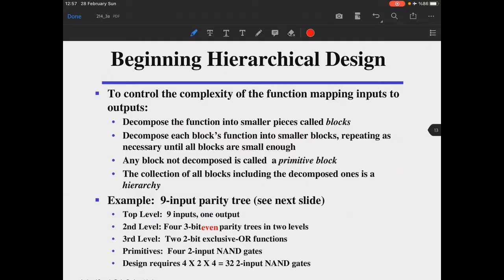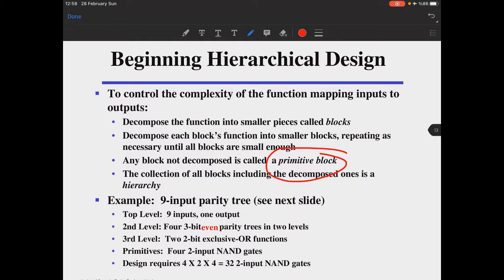So if you have a meaningful functional block, you can go ahead and decompose that block into blocks as well. Until all the blocks are small enough, I mean you cannot decompose them anymore, it means that you're done, and they are called primitive blocks. So the collection of all blocks, including the decomposed ones, is called the hierarchy.